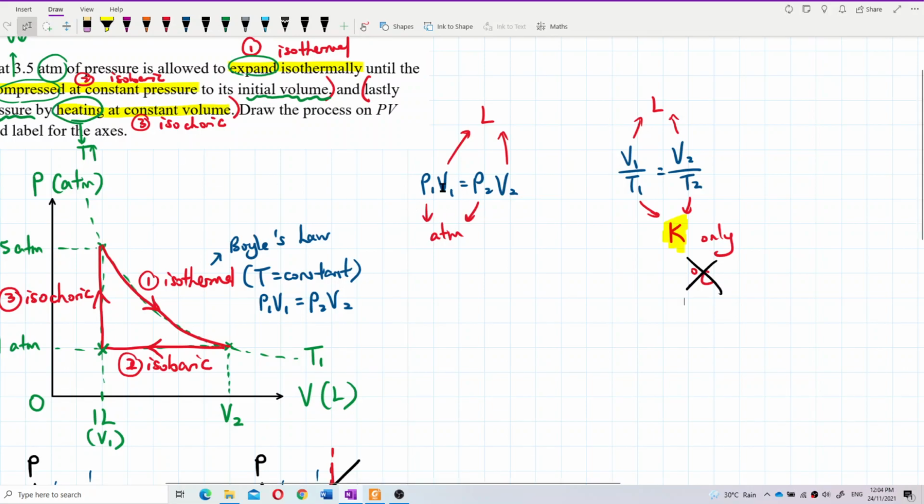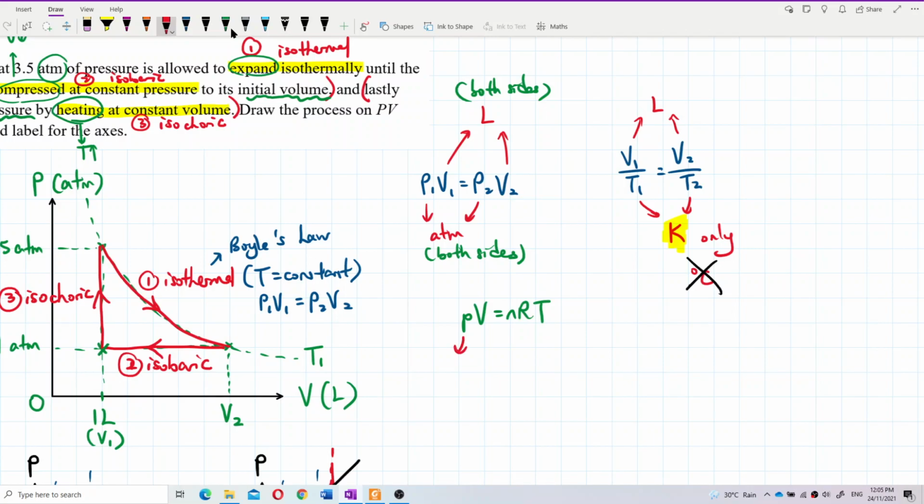This one you can put as atmospheric pressure when both sides have the same unit. So no need to change to Pascal, no need to change to meter cube for the volume, because both sides have the same unit. But whenever you use the formula PV equal to nRT, you must change all this to SI unit.